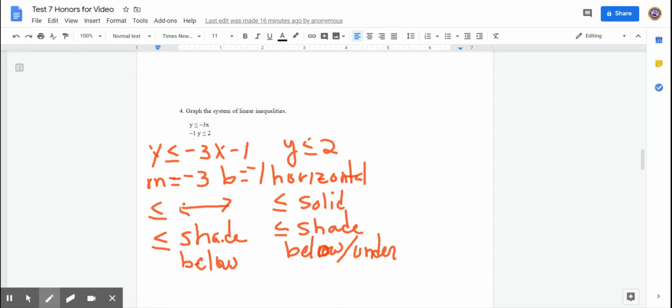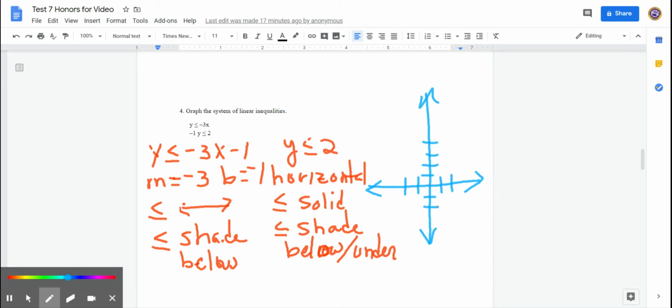Okay, so now we're going to draw our graph. All right, so the first graph is b equals -1, so go down to -1, draw your line.